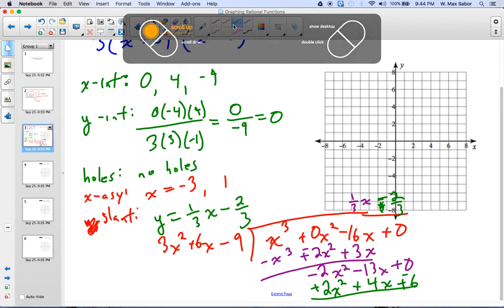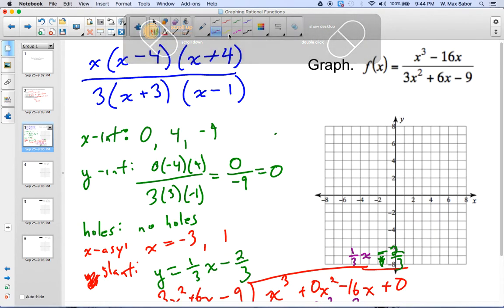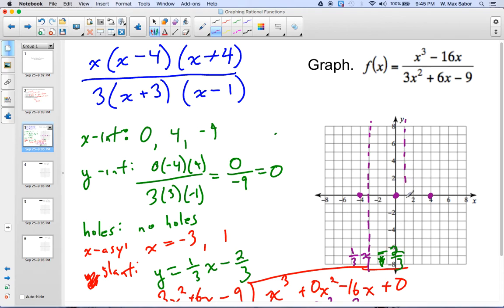So let's use all that information in the graph. Our x-intercepts are 0, negative 4, and positive 4. Our y-intercept we already have. There are no holes. There's an asymptote at negative 3 and an asymptote at 1.